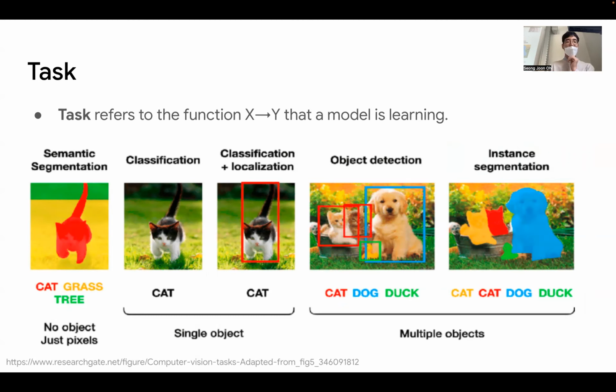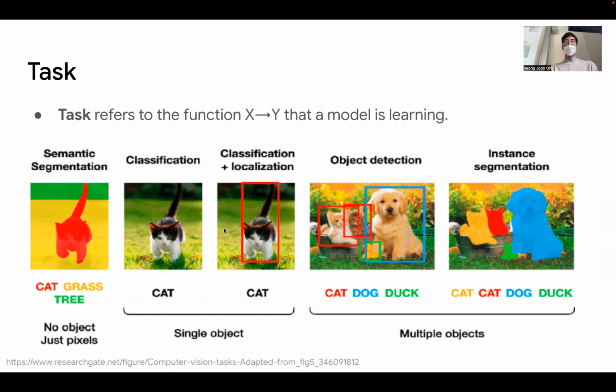And yet there's one more terminology, which is task, which is, I think everyone understands what task means in general, but more specifically, what I mean by task here is the function that I'm trying to learn, right? So for example, there can be semantic segmentation, which is given an image, you wish to label each pixel in the image, okay?